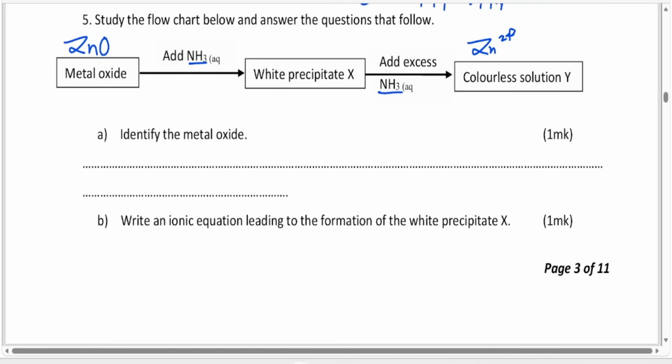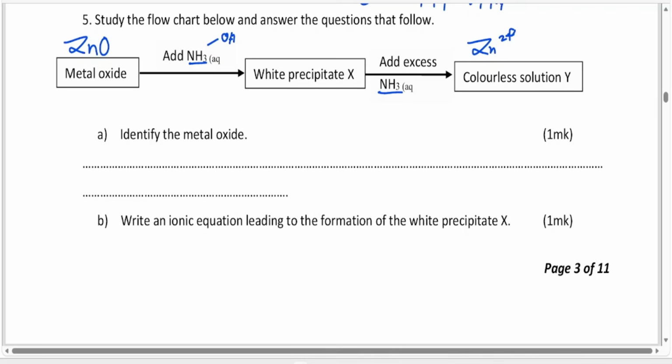When we add a few drops of ammonia to a precipitate, we usually use the OH in ammonia, and this means that I'm going to obtain zinc hydroxide.